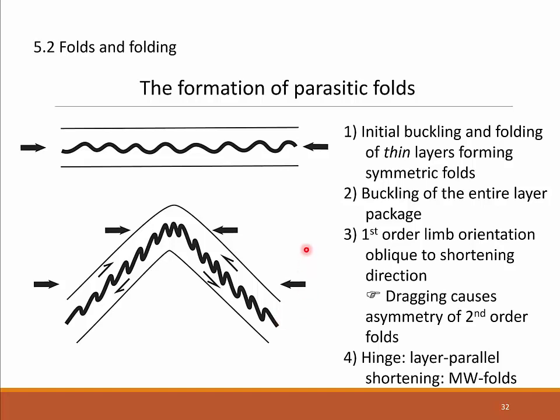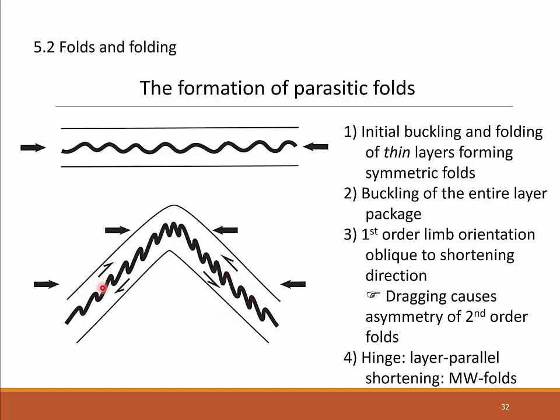At the same time, we assume that the shortening direction remains the same as in the first stage of the process. And this will expose these two limbs dipping in opposite direction to shear stresses that are opposite to each other. On the left-hand limb, we would see that the shortening direction creates a shear strain that is opposite to the shear strain on the opposite limb.